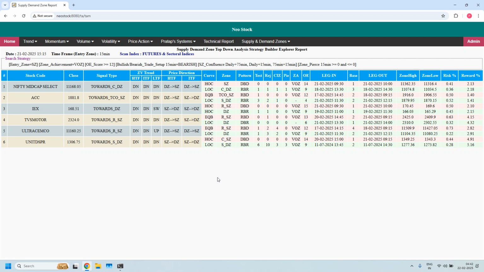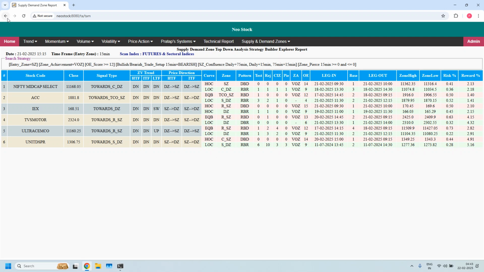So that is the reason why if the daily supply zone having daily EMA confluence and trend is down in all these stocks, that is very good. So if any of these stocks are having daily EMA confluence, daily supply zone having daily EMA, then these 15-minute supply zones are having even more highest success, highest probability to get the success.